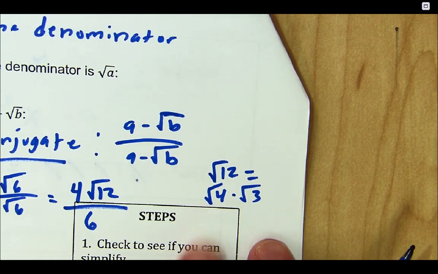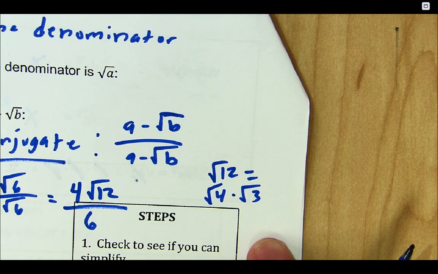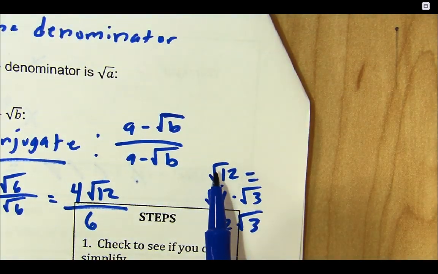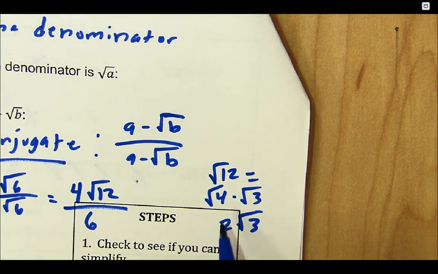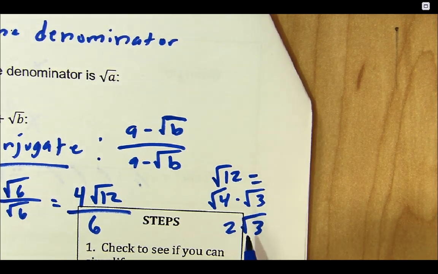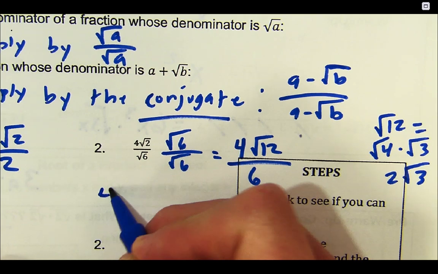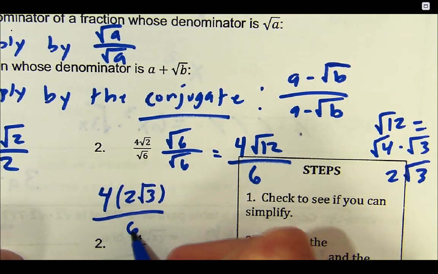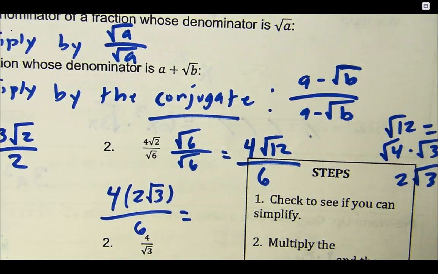Because 4 is a perfect square, square root of 4 is 2. So actually, square root of 12 fully simplified is 2 root 3. So when I see the square root of 12 here, I can replace it with 2 root 3. So I need to do that in order to keep simplifying.